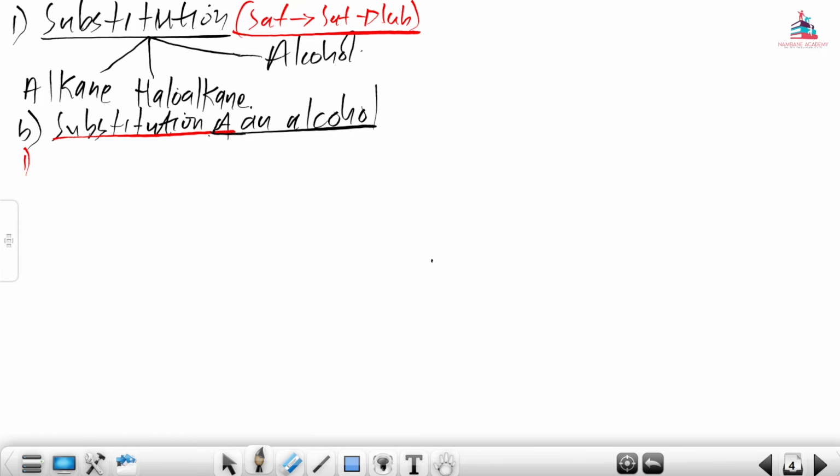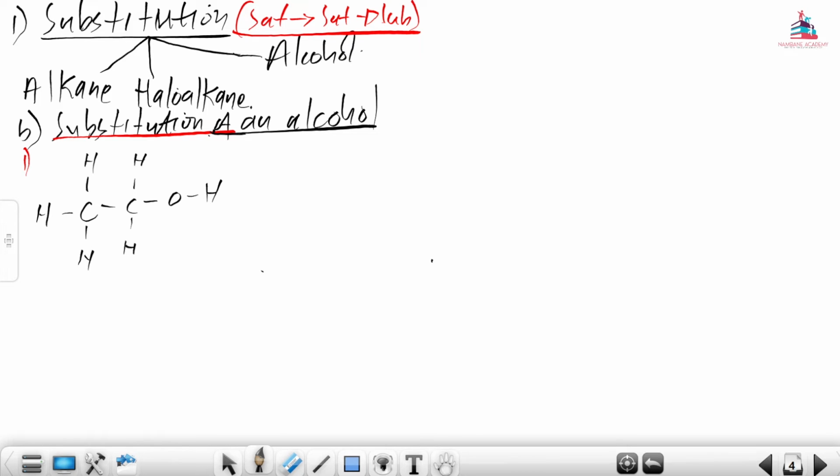So it means alcohol is our starting organic molecule. So I'm going to have my alcohol here, OH. All this you need to know now from the previous video where we explained different organic molecules and homologous synthesis. So in this case, we start with an alcohol.